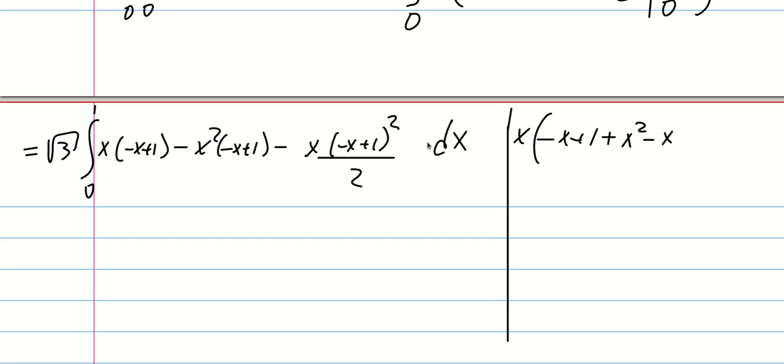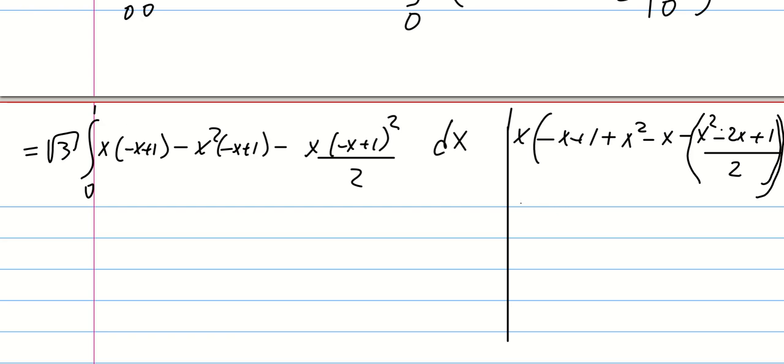So 1 minus x squared is going to give us x squared minus 2x. I'll keep minus here, I'm sorry. I'll write it in parentheses. So this will be minus 2x, this is going to be 1, and on the bottom we have 2. And I factored one of the x's out.